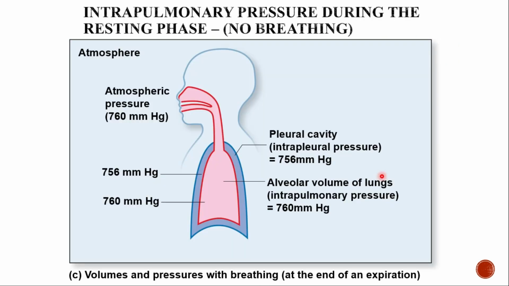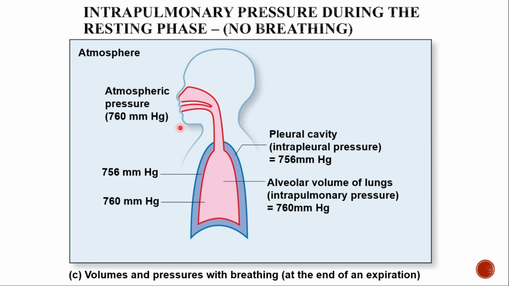In this slide, we can observe the changes in the partial pressure of the gases at different stages of respiration, such as at the start or normal stage when the lungs are not in the process of respiration. The atmospheric pressure is 760 millimeter mercury.